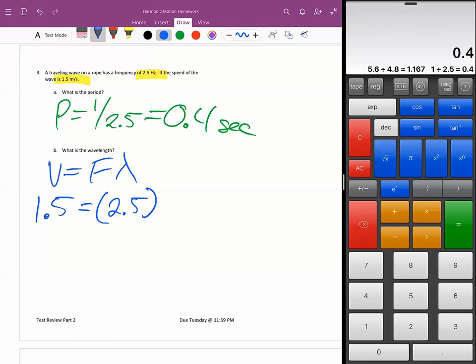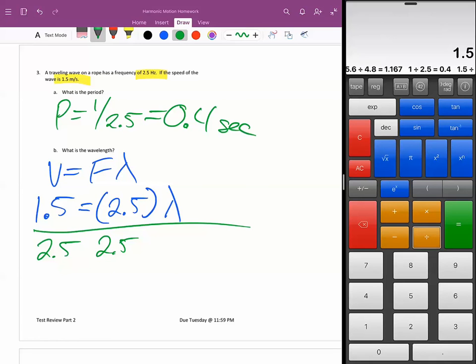As before, divide both sides by 2.5. So 1.5 divided by 2.5, your wavelength equals 0.6 meters.